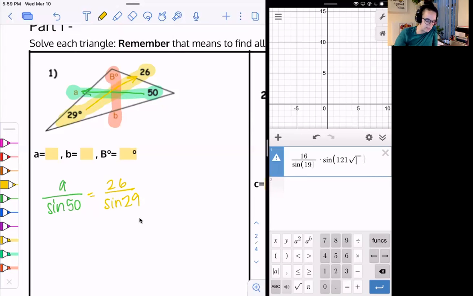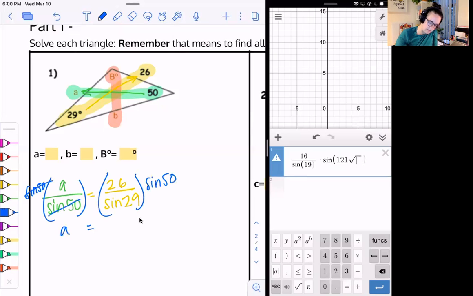I'm going to go ahead and solve this by multiplying by sine 50 on both sides. Cancel, cancel. A equals, in my calculator, 26 divided by sine 29 times sine, not cosine, sine 50.